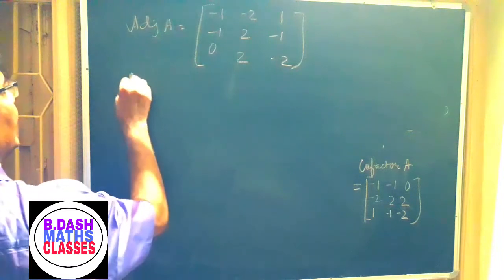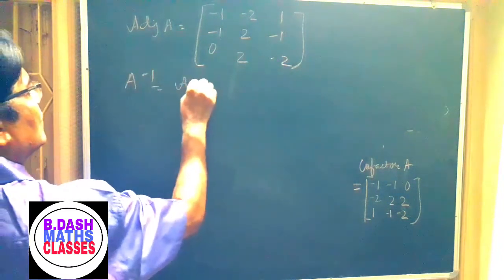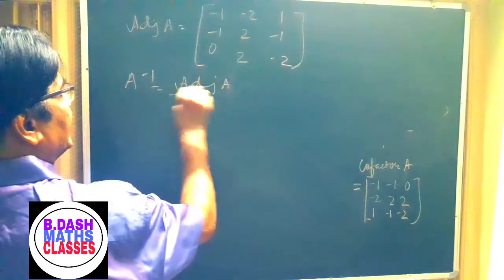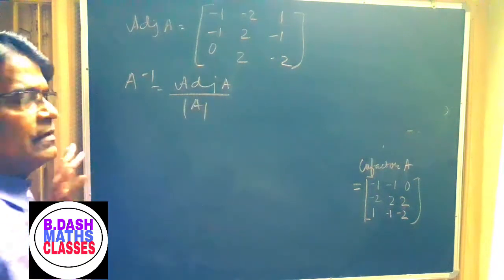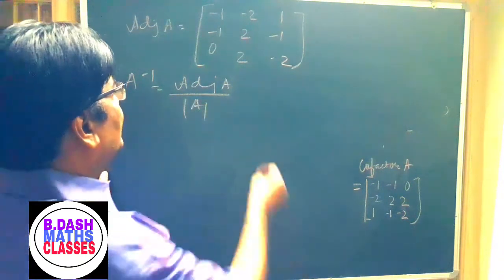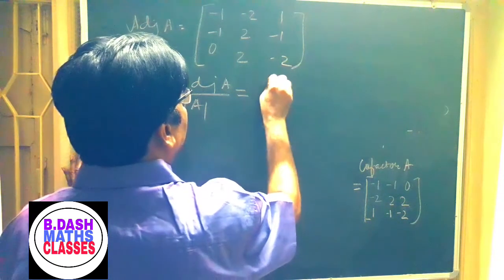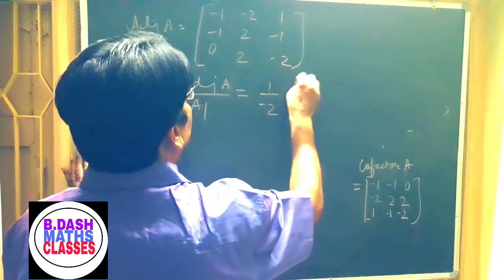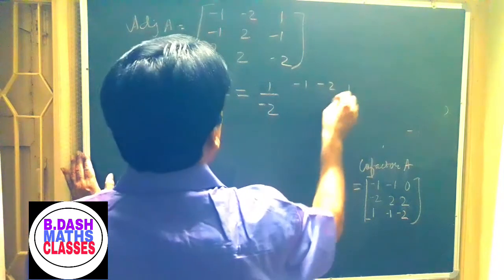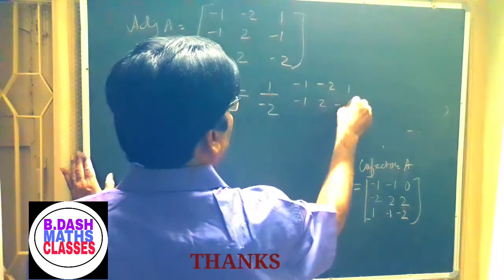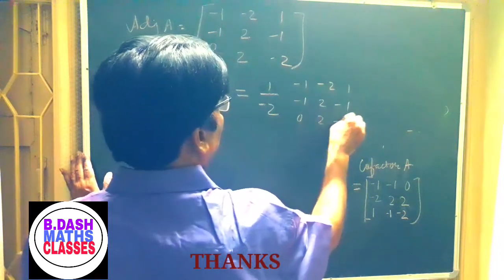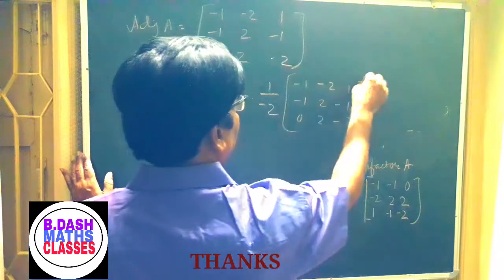We know A inverse is equal to the adjoint of A divided by the determinant of A. So this is equal to 1 by minus 2 times the adjoint matrix, as the determinant is minus 2.